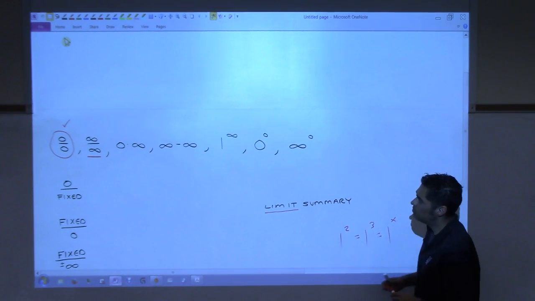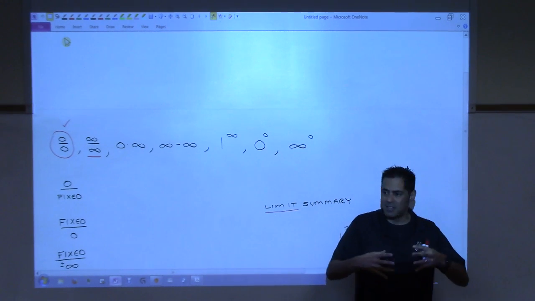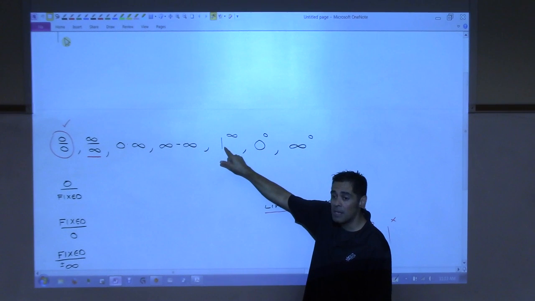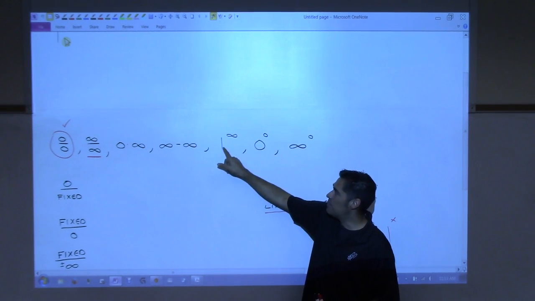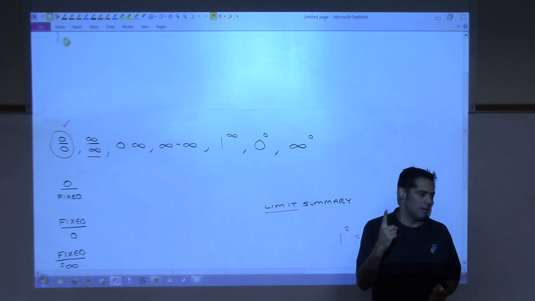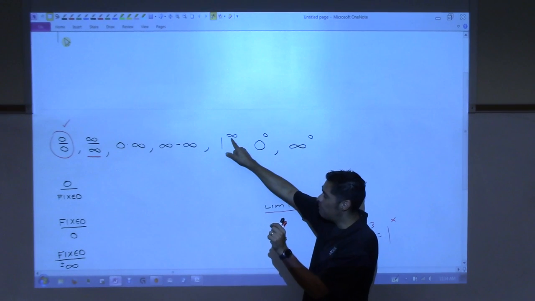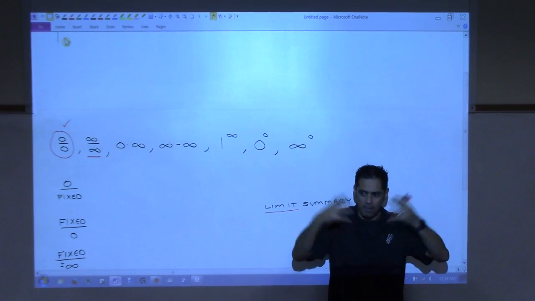But we're also aware that if you make your power bigger, things get larger. So what's happening here is the base is trying to be 1. It's getting close to 1, which means 1 to any power should be 1. But since it's not exactly 1, this infinity is trying to make it larger. It's trying to rip it apart, blow it up.